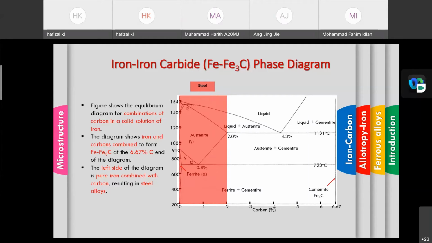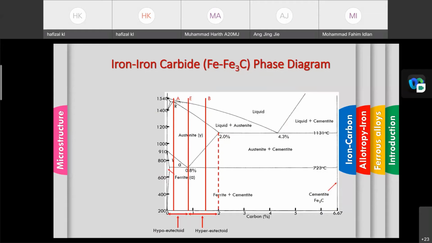And then we have the cast iron region, which is the region from 2 to 6.67. Previously I already explained the steel and cast iron. This is the region that we will discuss. The steel is in the region of 0 to 2.0 percent carbon, and for the cast iron we have the region between 2% to 6.67% carbon.